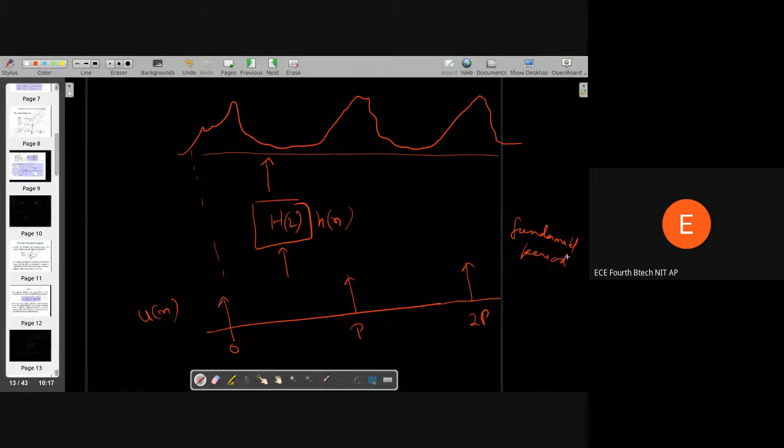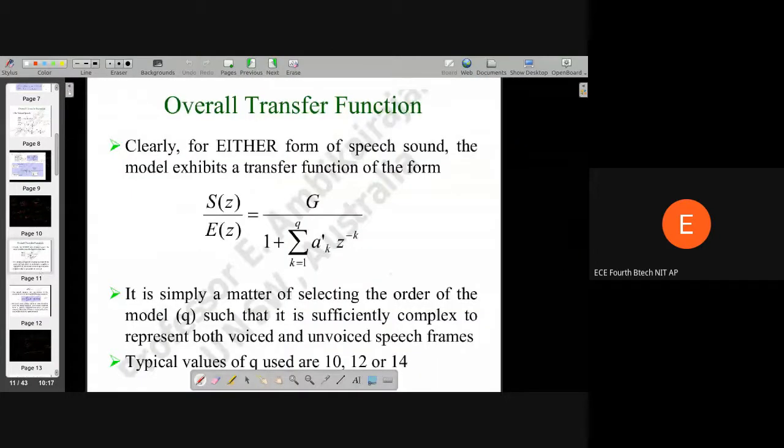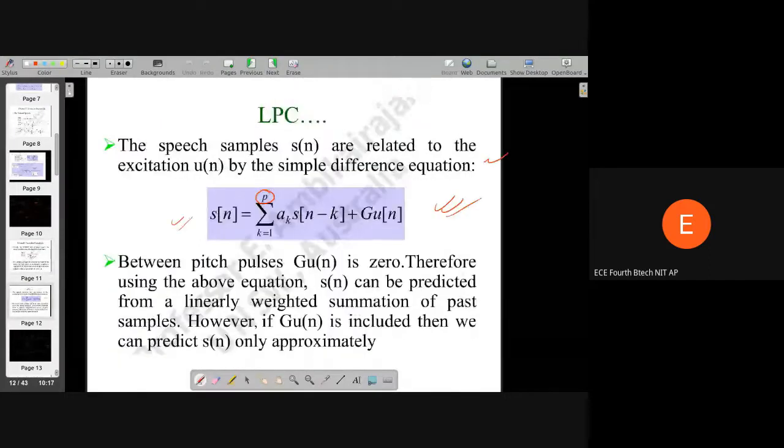So what this equation is saying is that u(n) has a unit value only at certain points. At other places, u(n) is 0, the excitation is 0.